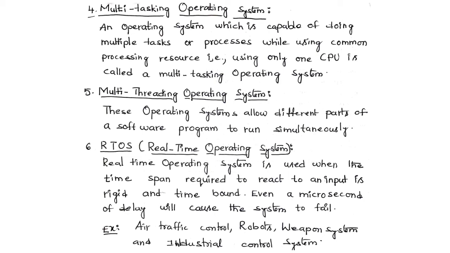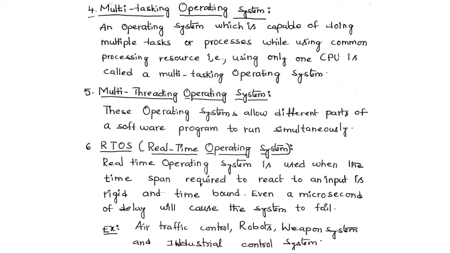The common examples of such operating systems are Windows NT or 2000, Windows XP, Windows 7, Windows 8, Windows 8.1, Unix, Linux, etc.